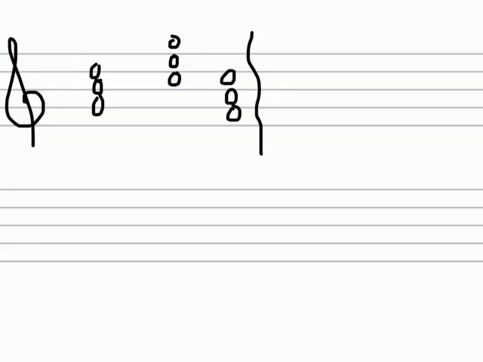And in fact, even if these were all sharp, that would be a G sharp major chord. If these were all flat, that would be a C flat major chord. In the GCF group, all the same accidentals, root third and fifth. Root third and fifth means that it's a major chord.